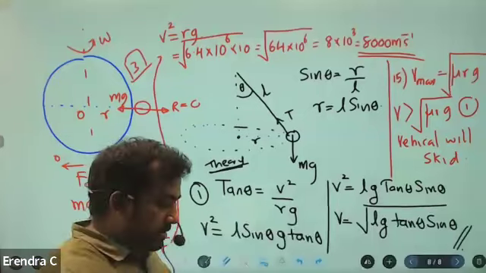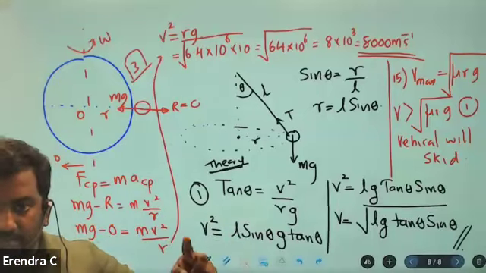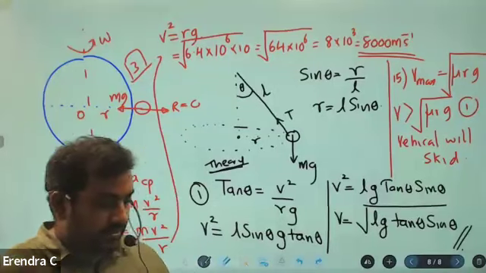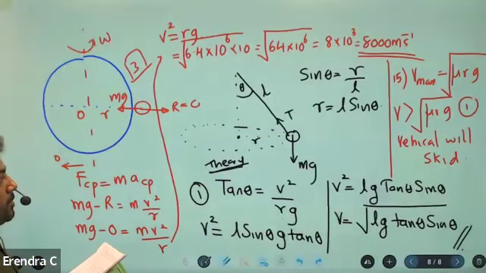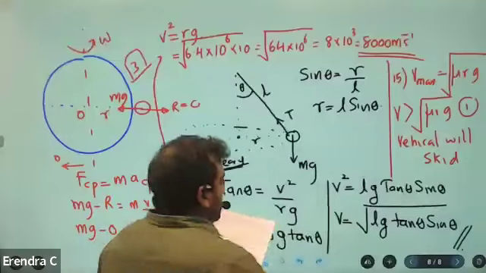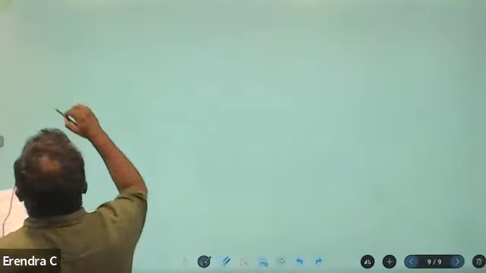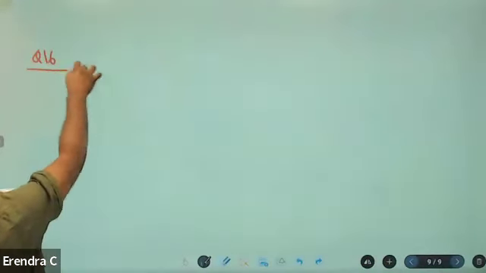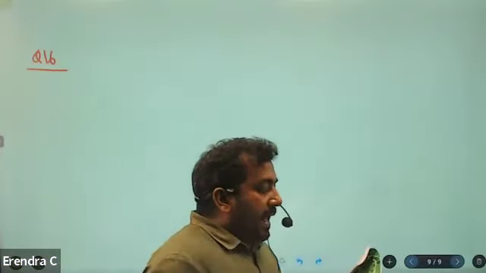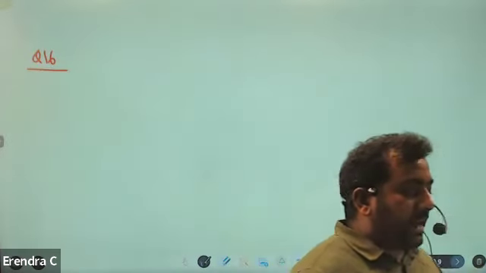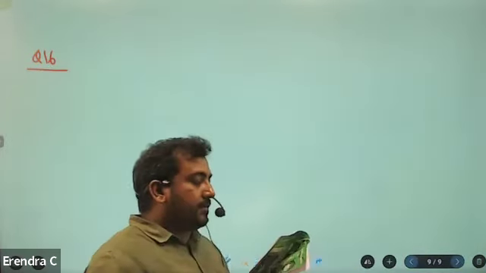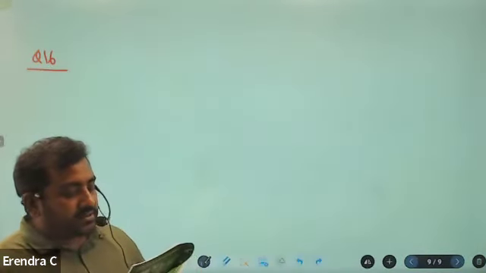Have we discussed question number 16? Question number 16. An athlete runs a 10-kilometer race with constant speed V1 on a circular track of radius 50.